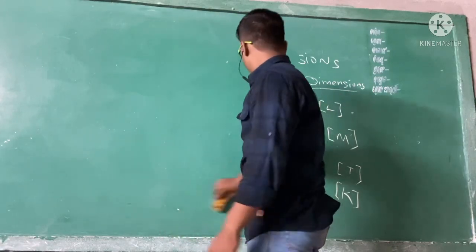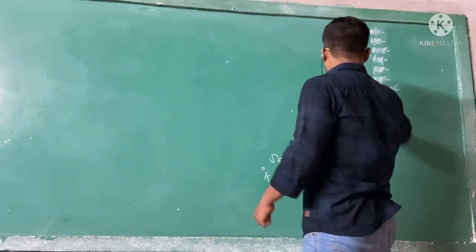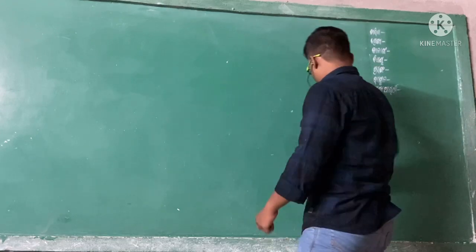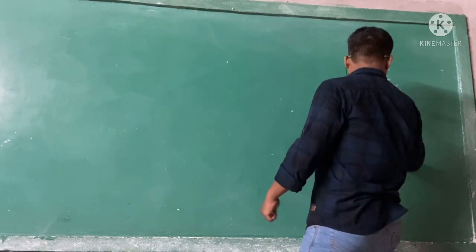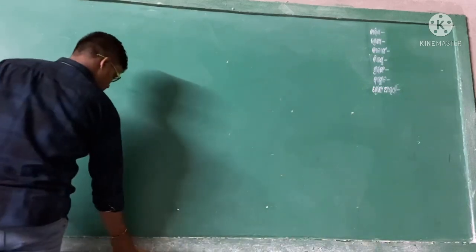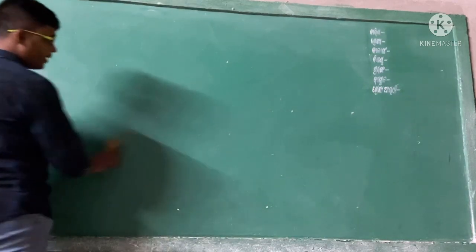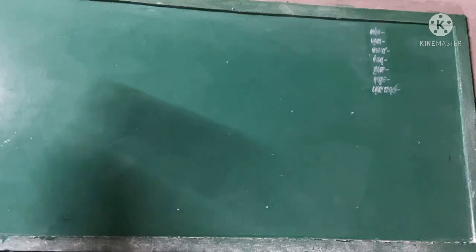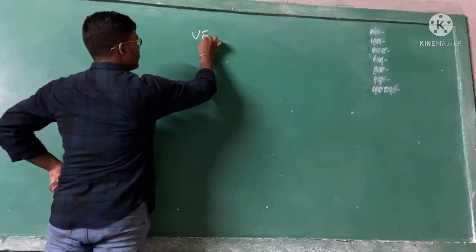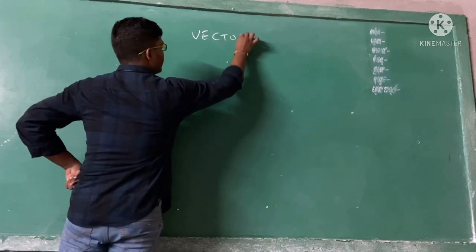So today we will discuss a new topic, that is vector calculus, how a vector is represented, and which quantities are called vector and which quantities are called scalar, because in the world the physical quantities are under two categories. So let's discuss more on this.